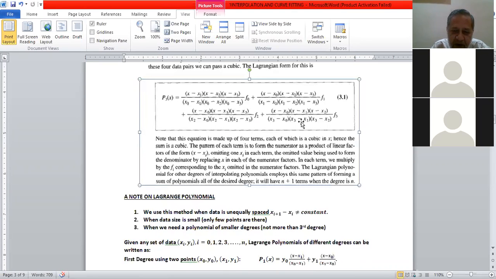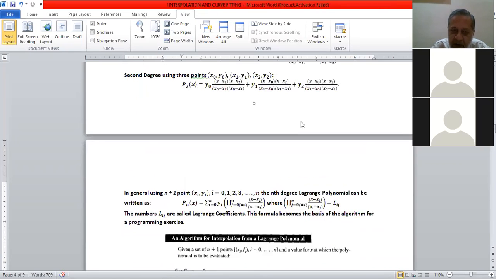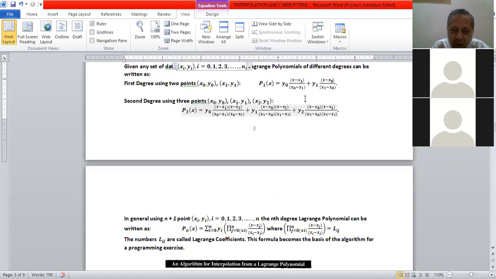This we have discussed, and we have noted that with 2 points, the Lagrange formula is of this form; with 3 points, it is of this form. And if you have n plus 1 points, the n degree polynomial can be written in this form.